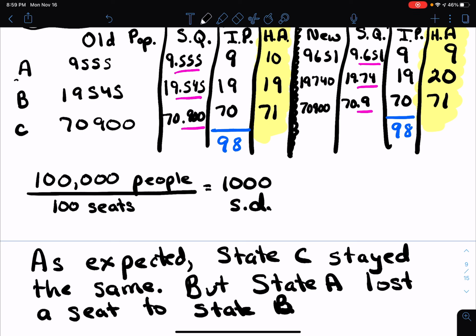With the newer increased population, state A went down to 9 representatives. With the old population, state B had 19 representatives. With the new increased population, now has 20. State C's population stayed the same, the reps stayed the same, which you would hope.